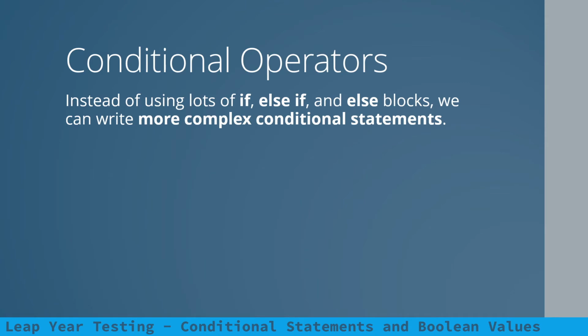So we're going to learn about how conditional operators work. Instead of using lots of ifs and else ifs, we can write more complex conditional statements to combine these blocks when they're going to do the same thing. So let's look at the first one. It's the AND operator, and for each of these there's two. I'll explain that in just a moment, but you can use 1 or 2 ampersands, that's Shift 7 on most keyboards.